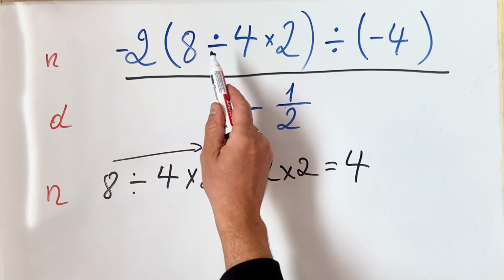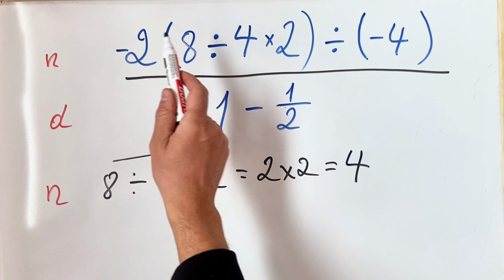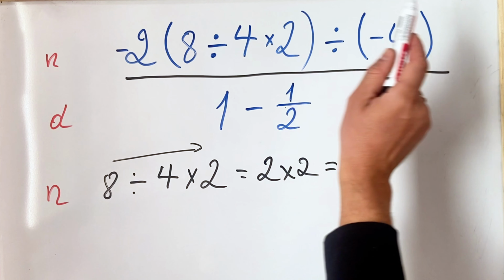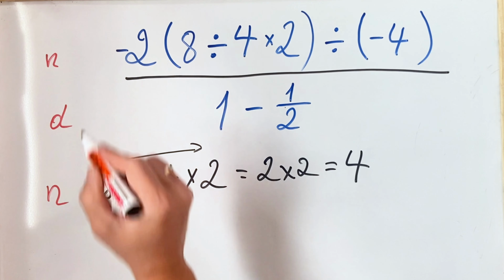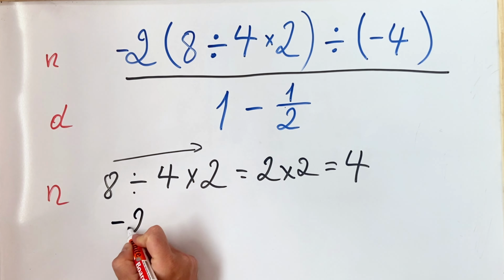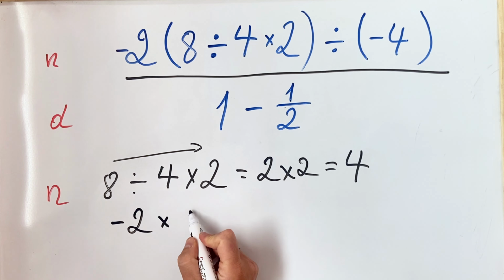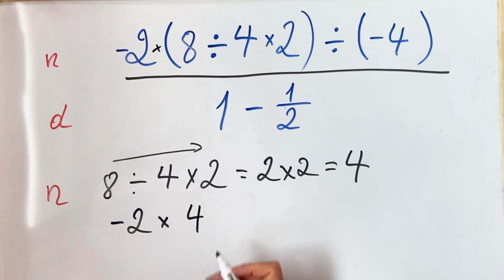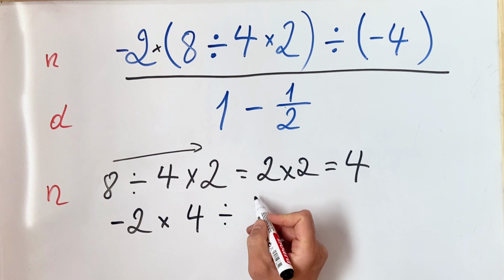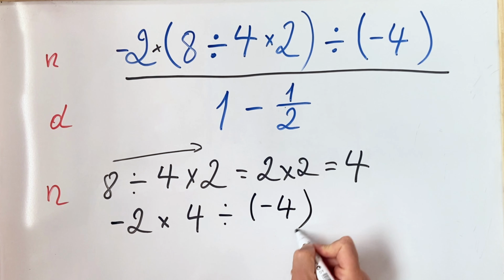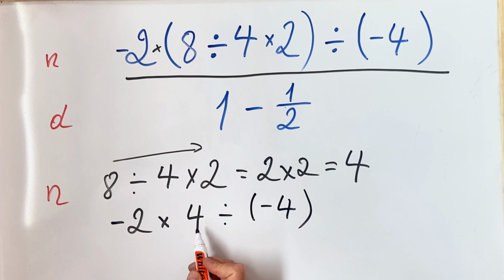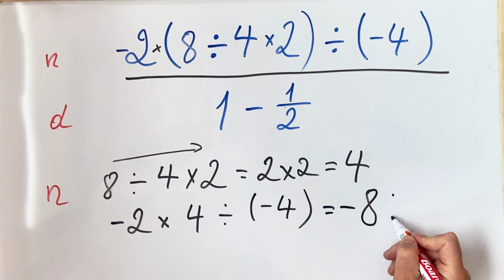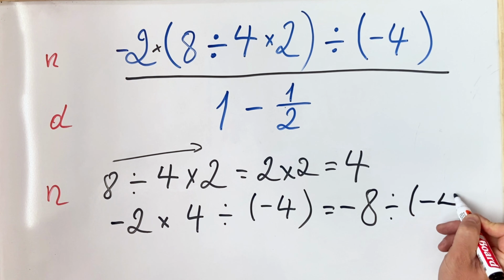Now that we figured out what we have in the parentheses, we calculate the numerator from left to right. What we have then is minus 2 multiplied by 4, because here this means multiplication, and divided by minus 4. So minus 2 multiplied by 4 equals minus 8, divided by minus 4.